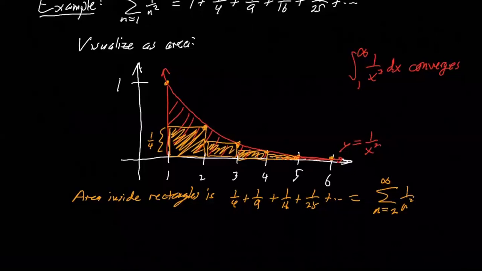But we just showed, just from this picture, that's less than the integral from 1 to infinity of 1 over x squared dx. By the way, an aside here, for some reason, we tend to use x for any real number, just a choice of letters, and n for counting numbers, for whole numbers, for integers.